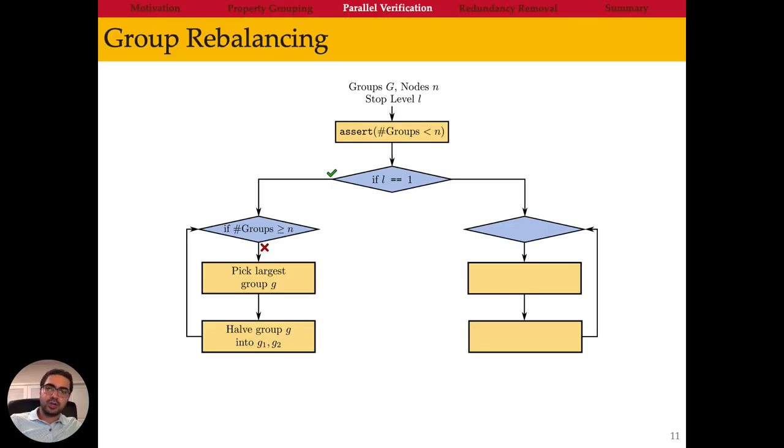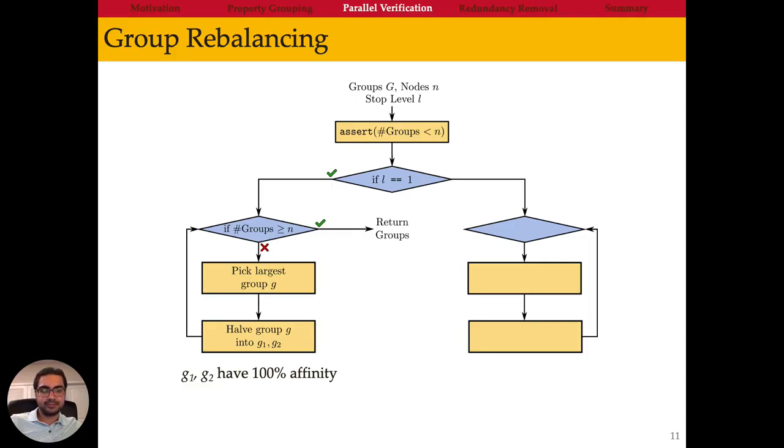Since grouping was stopped at level 1, this means all the properties inside the group have 100% affinity. So whenever we pick a group G and break it up into G1 and G2 for level 1, we get 2 groups that have 100% affinity. We keep repeating this loop by picking different groups from our original group set and subdividing them into subgroups until the number of groups that we have generated is more than the number of available parallel workers.